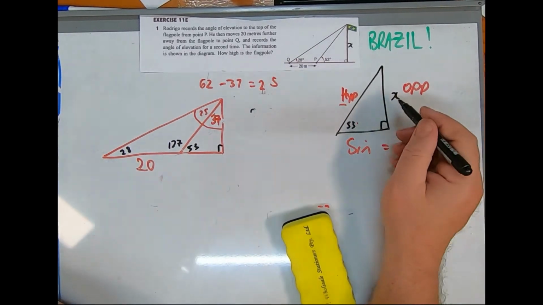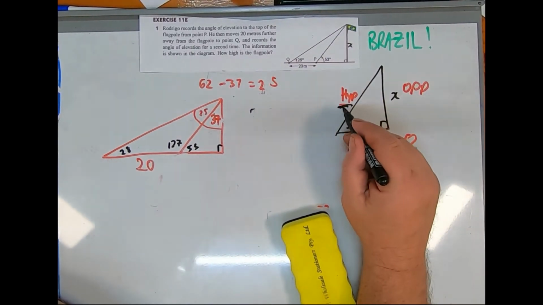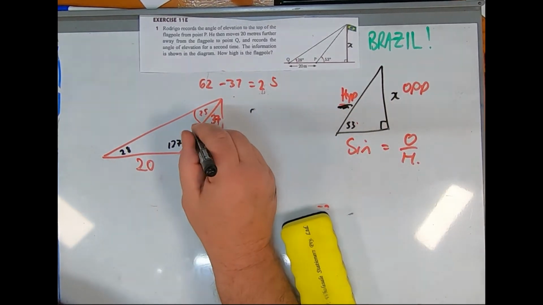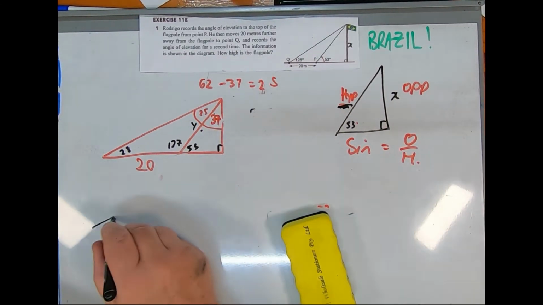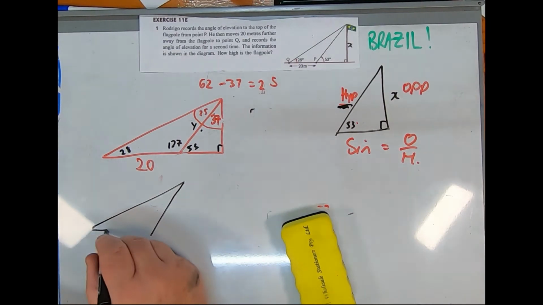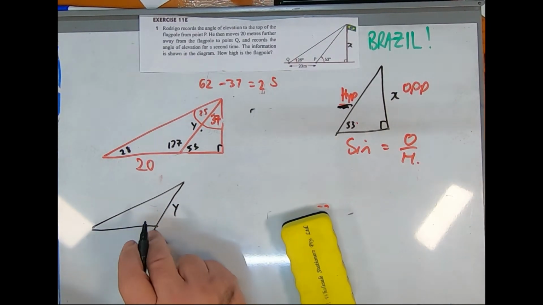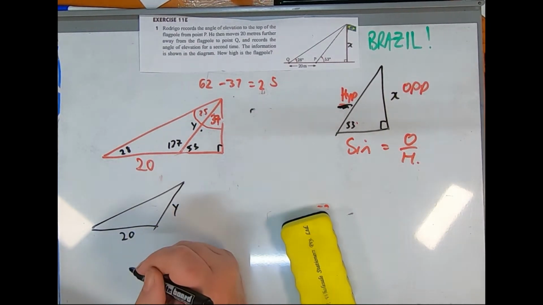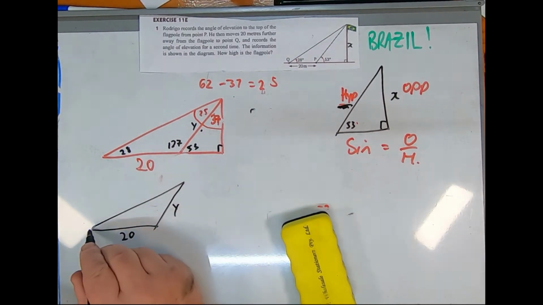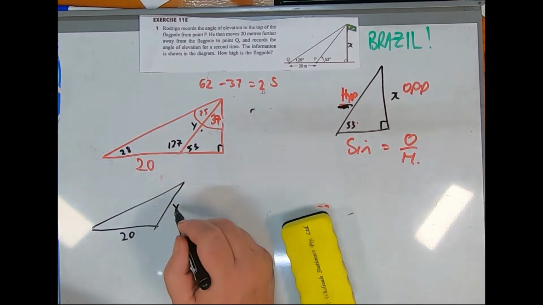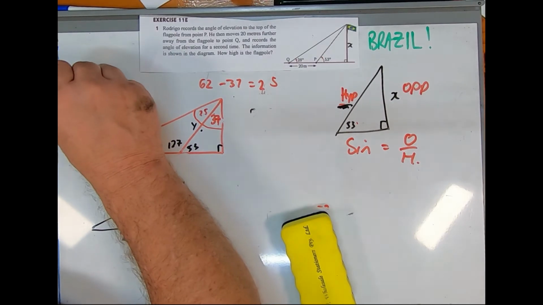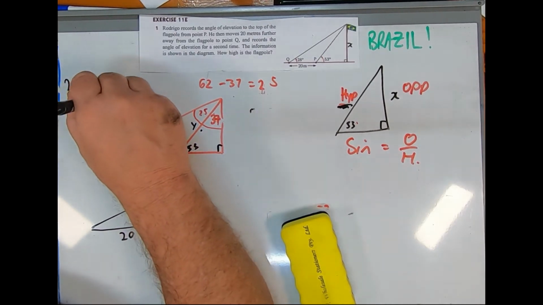In order to get this X, I'm probably going to need this hypotenuse. Let's make a little star here. Let's call this Y. Let's look at this picture. Y, 20. I need that one and this one. 2 sides is sin rule.